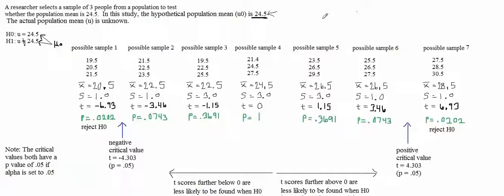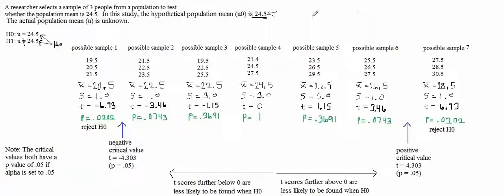Now, before we talk about that some more, I wanted to talk about how the sample mean that we end up getting down here is likely to be somewhere close to what the actual population mean is, because if we're randomly taking a sample from a population, the sample mean should fall somewhere close to the population mean.